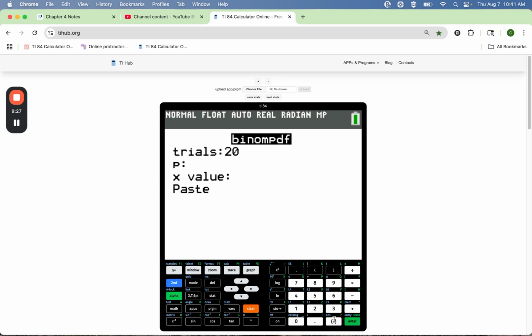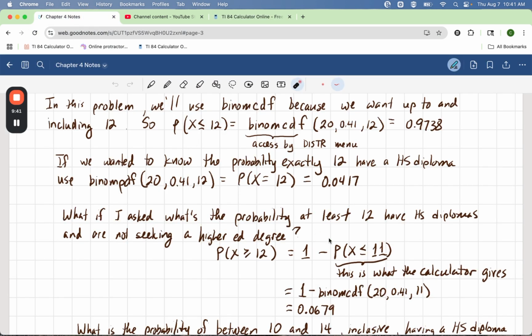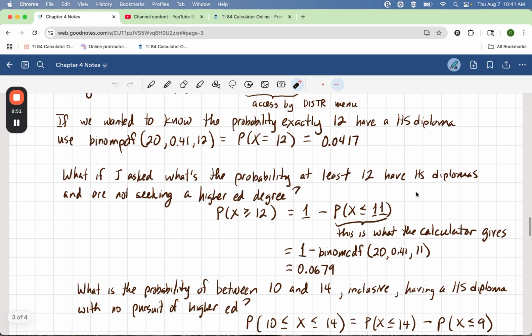Our probability value is 0.41 and our x value is exactly 12. Paste, enter, and we get 0.0417. So 4.17% of the time, exactly 12 people out of the 20 surveyed will have a high school diploma but not be pursuing higher ed. Whew.